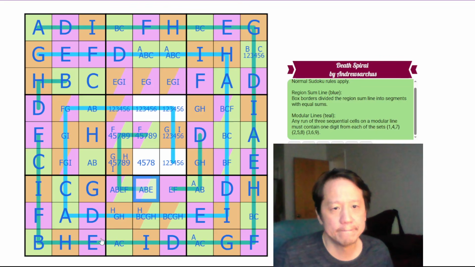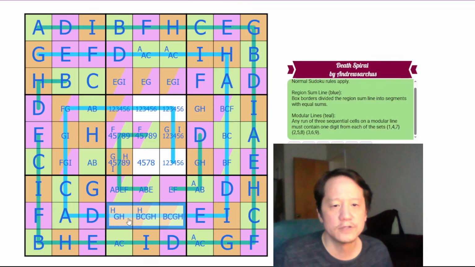So A, C, and D, which means this can't be B here. This is A, C, and D. This can't be C. It's B, which makes that C, which makes that B. This is C, so no C here. So this is B, G, and H. B is one of these, so B cannot be here.